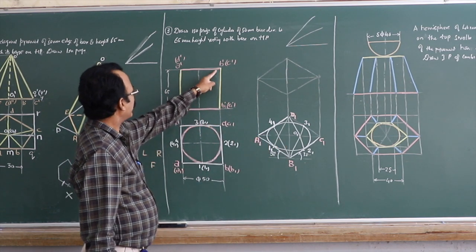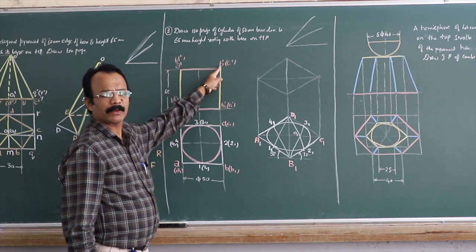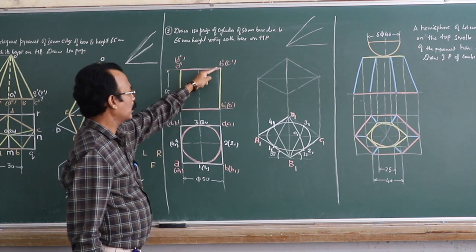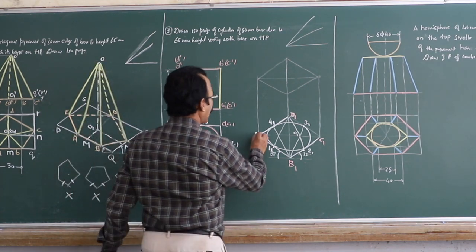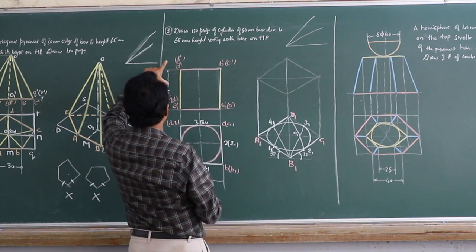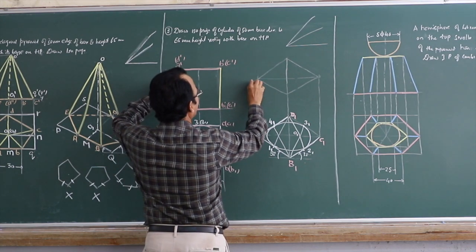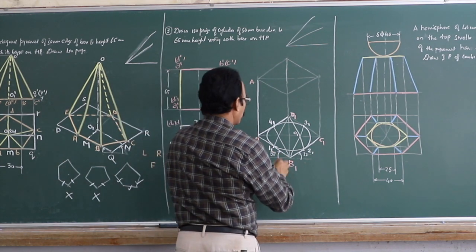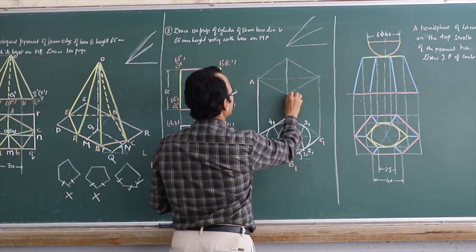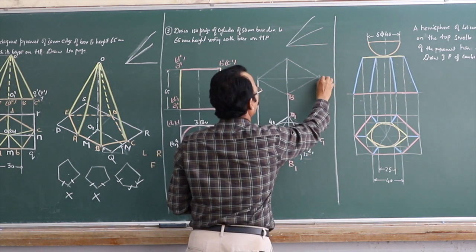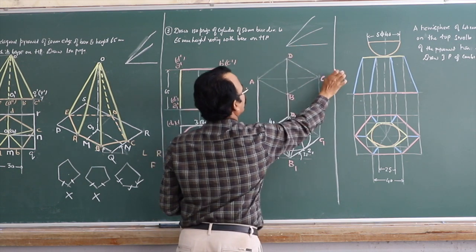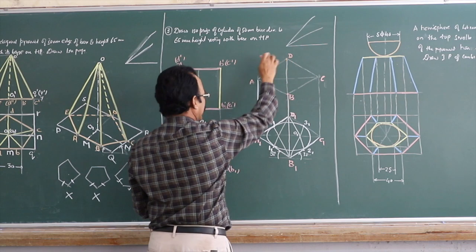Then our next job is we should get this top circle or top ellipse there. For that we require these vertical lines. So as we did in prisms, at A1 draw a vertical and take the iso length of that, iso 65, and mark A. At B1 also you draw a vertical and mark B. Similarly, you can mark C1 and from D1 you mark D. A, B, C, D, right?